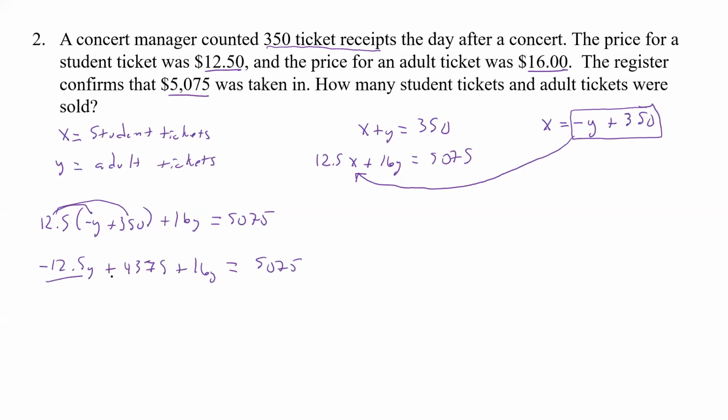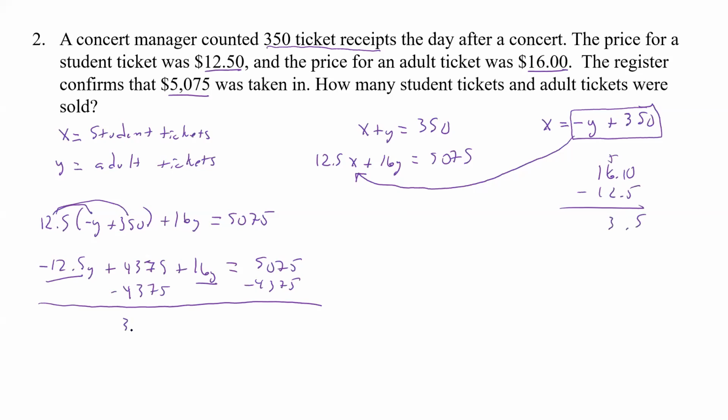All right, so now I have common things I can do, so I'll subtract 4375. Now 16 minus 12.5 is going to be 3.5, so we're going to have 3.5Y, and that's 700 divided by 3.5.